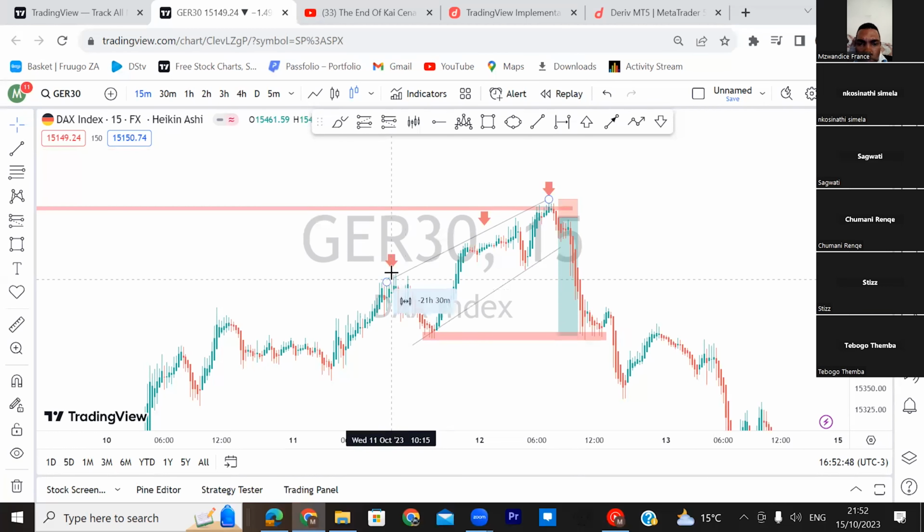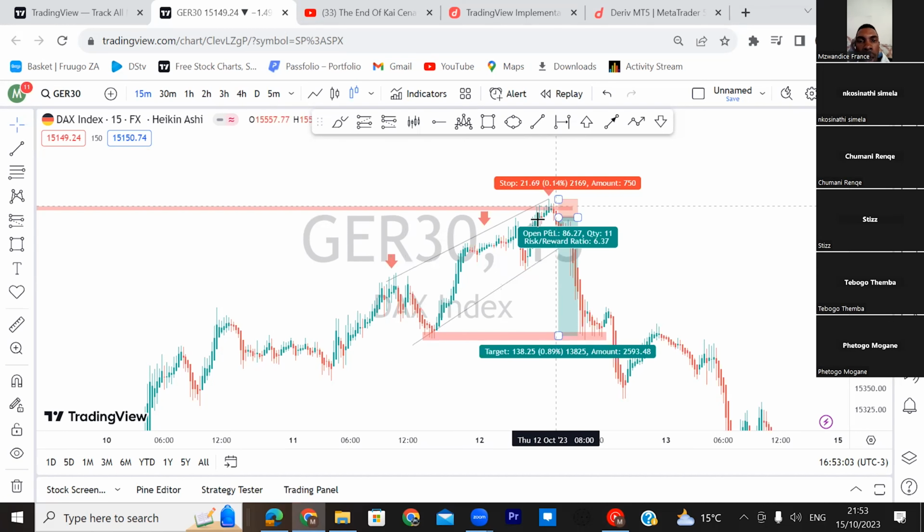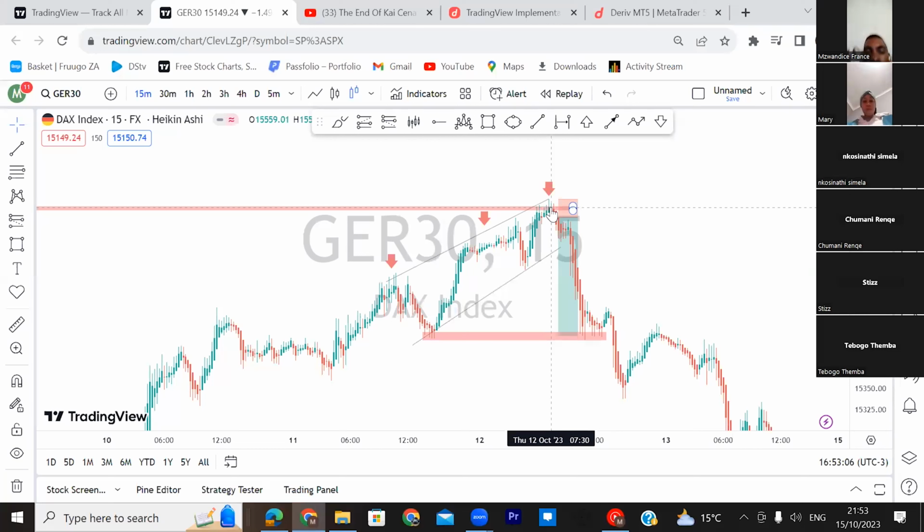You wait for 1, 2, 3 touches in case of ascending structure or ascending reversal correction. You wait for the third touch. You look at the market, how it behaves at the third touch, whether it's starting to reverse and showing a change in momentum. And then once you see the change in momentum, you wait for at least 2 bearish candles, 2 selling candlesticks in a case of a sell.